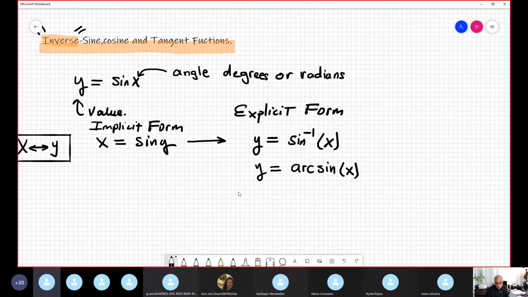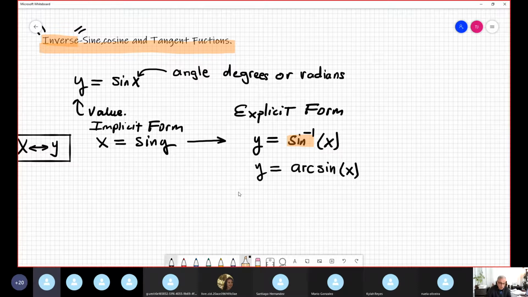So you see in the book either way; arc sine and sine inverse are the same. This is the more recent, and this is the antique, but it's the same. Some calculus teachers prefer the antique way, others don't. With me, I prefer sine inverse, like that. But what is the interpretation? The interpretation is completely different.